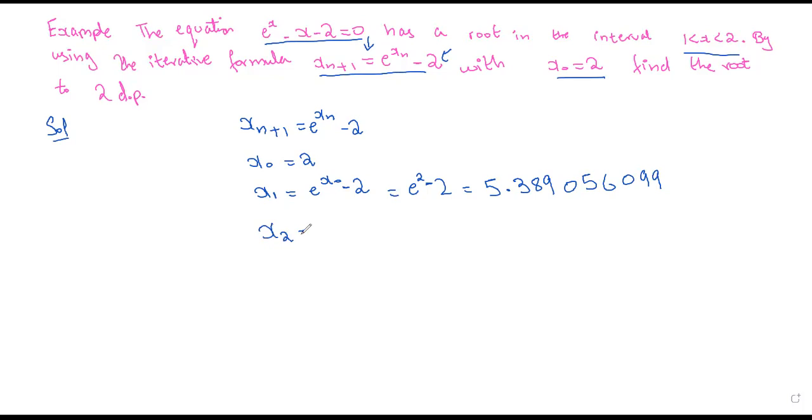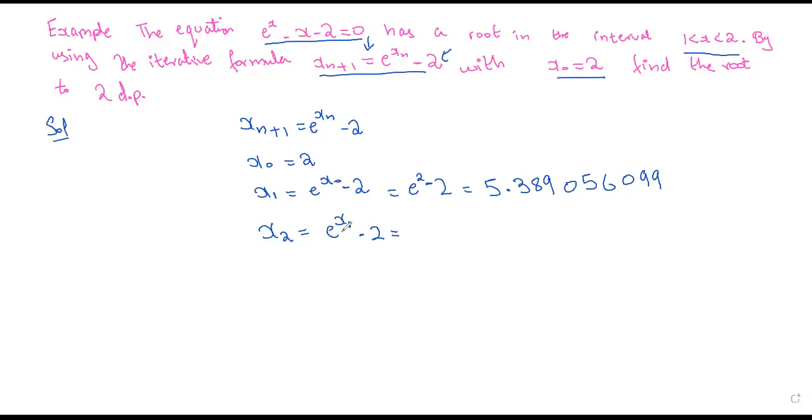Can you tell me x2? What would be x2? x2 equals e to the x1 minus 2, so it is e to the 5.389 minus 2.